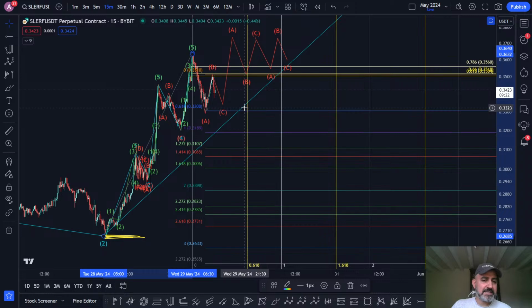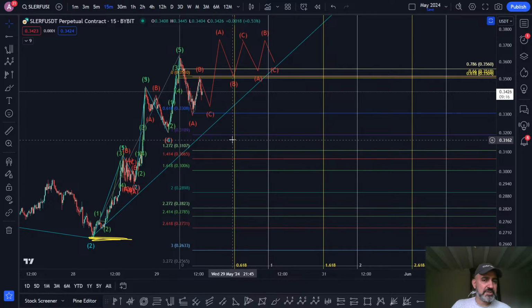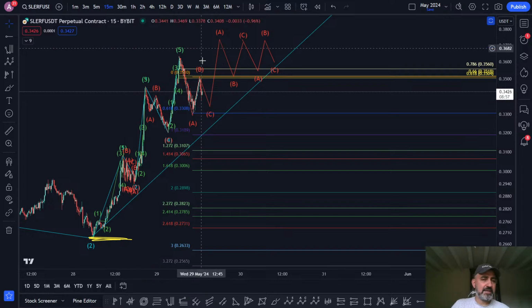At least you'd expect it to go to the 618, at the very least, just from the 0 to the 1. You'd at least expect the correction to go all the way to there, at the very least. That's what I would be expecting. I wouldn't want to buy looking for an impulsive move until at the very least we pass the 618 on this whole wave. It'd be too quick.